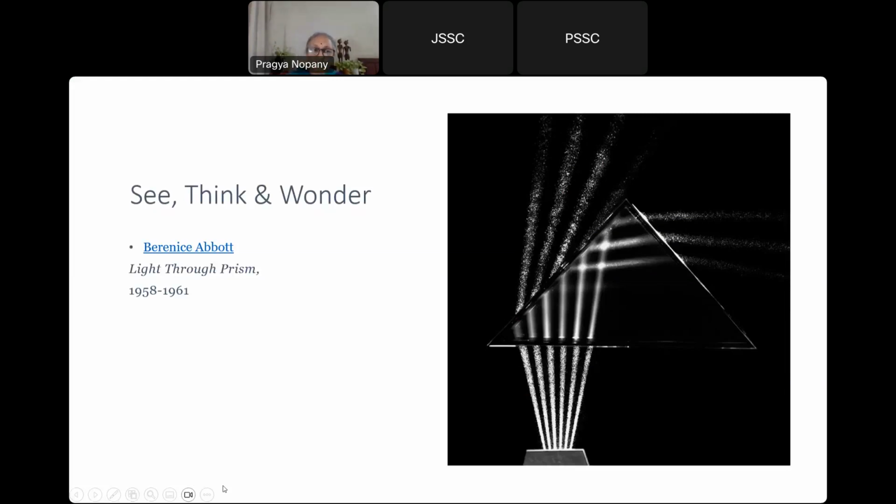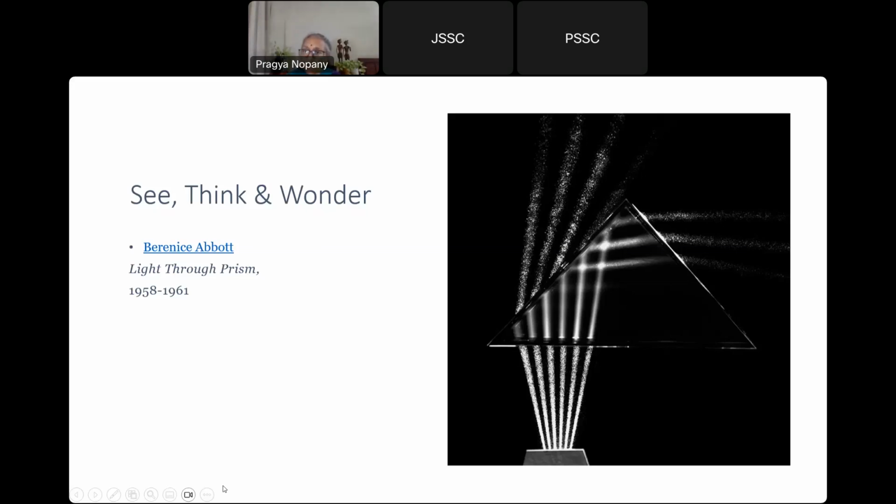This is by a photographer, Berenice Abbott, who was a very famous photographer. So reflection of light, somebody saying beam of light, somebody saying dispersion by prism, somebody saying laser show. Now this tells us what all the various things are that people are noticing.